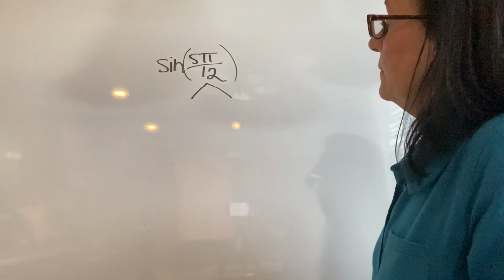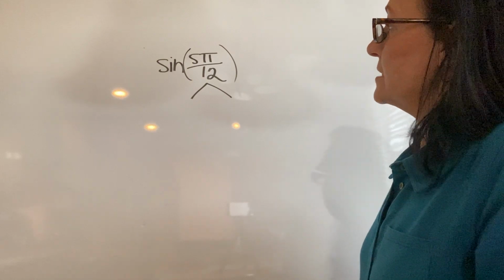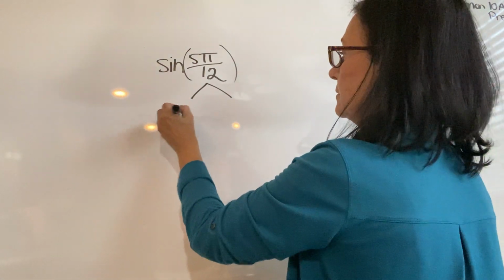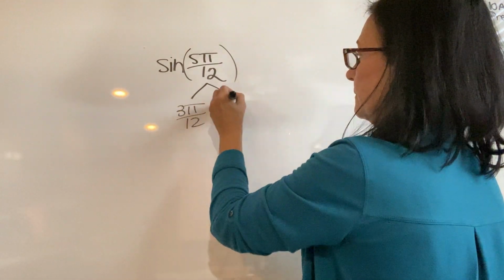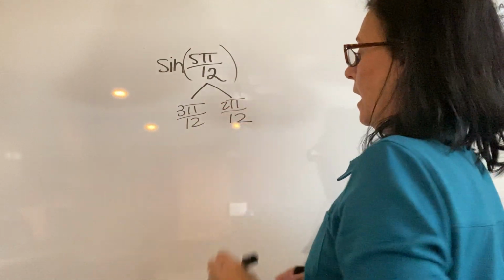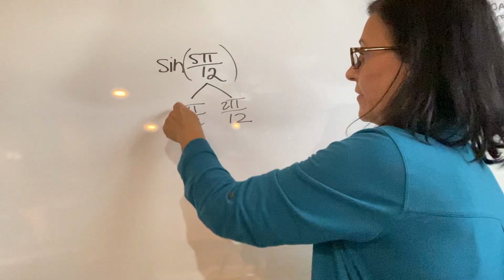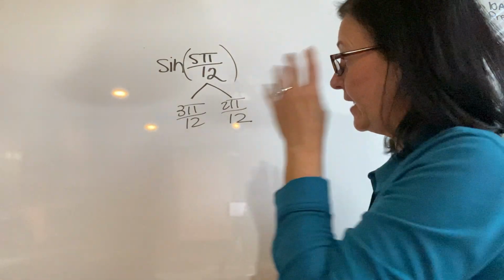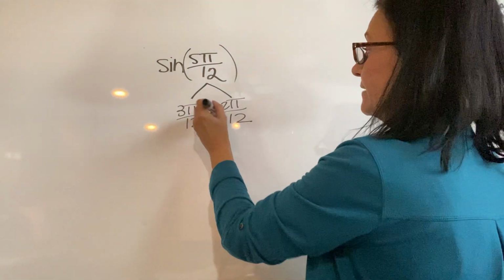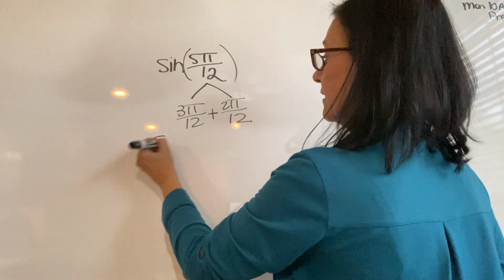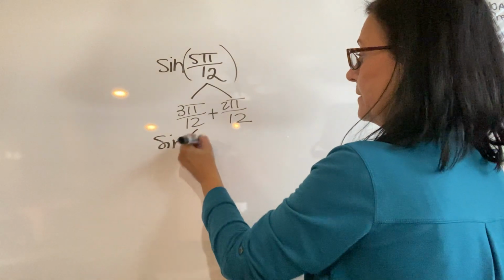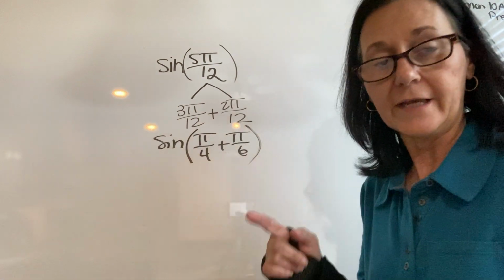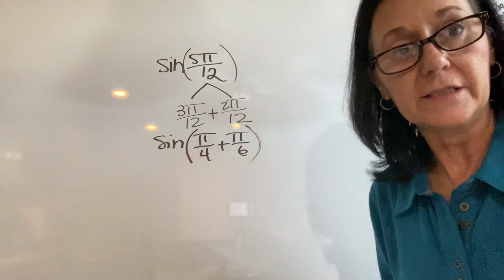Well, I know that if I split that 5 into 3 and 2, they are both factors of 12, so I could further simplify that to be pi over 4 plus pi over 6. These are in fact on the unit circle.